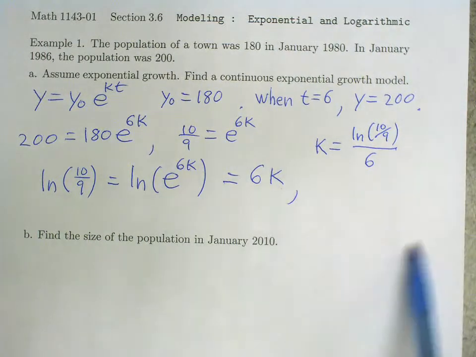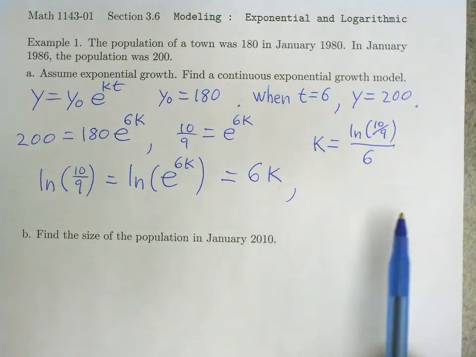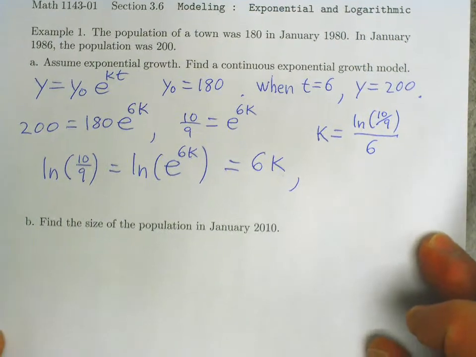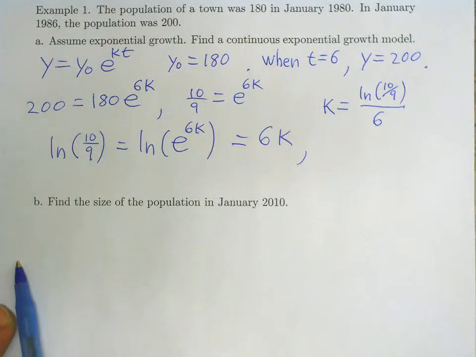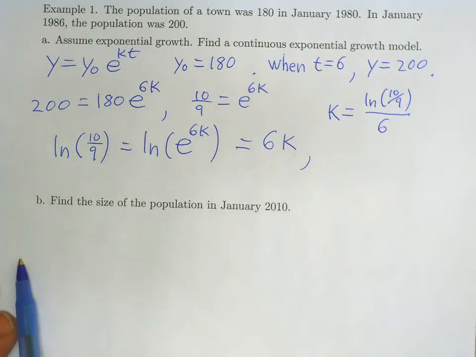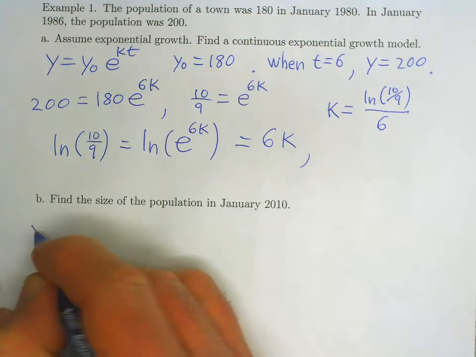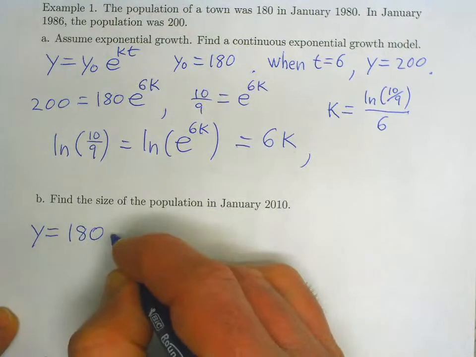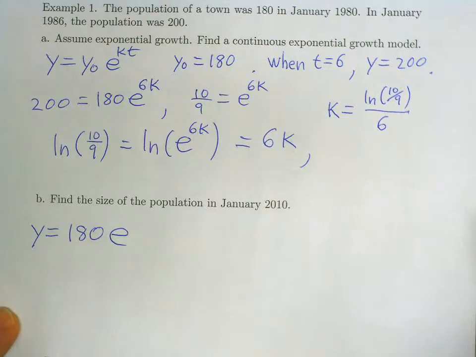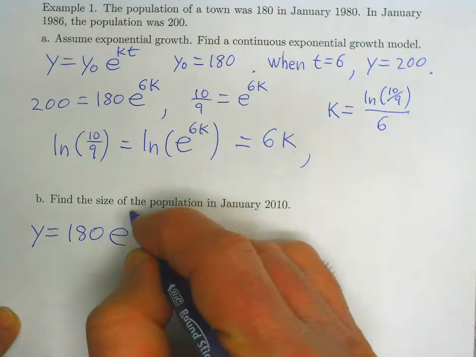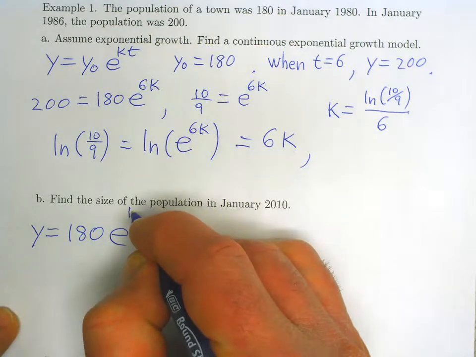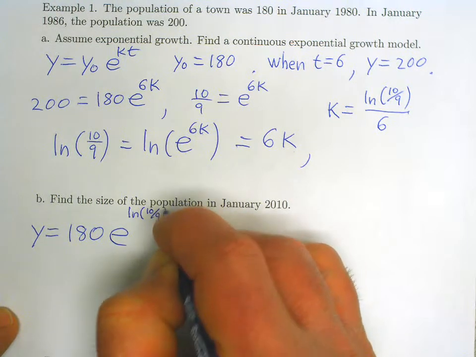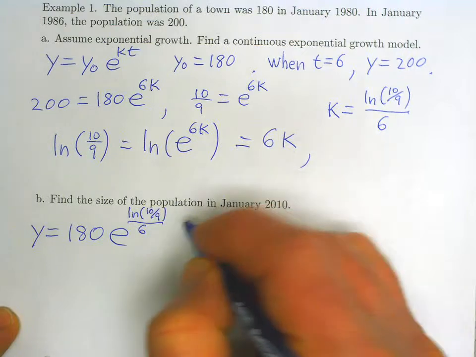Okay, I sort of ran out of space to write the continuous exponential growth model. So I'll write it in part B because we're going to use it in part B. So it's y equals the initial population of 180 times e to the kt, but this time instead of writing the letter k, we'll write the actual value of k, the natural log of 10/9 over 6, times t.